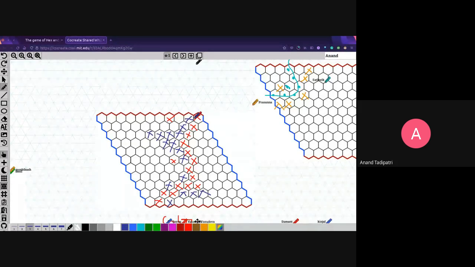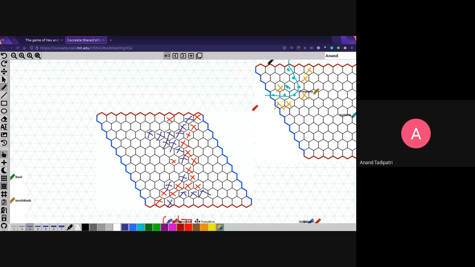So I've lost. We could keep playing. The game ideally goes on until we're all done, but it's pretty clear who the winner is at this point. There's no way for me to undo that red streak, and there's no way for me to get across.